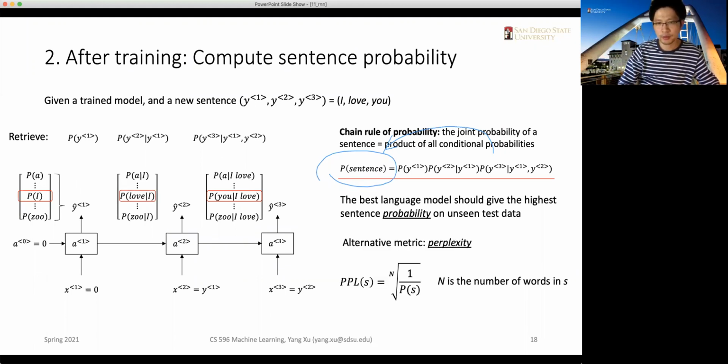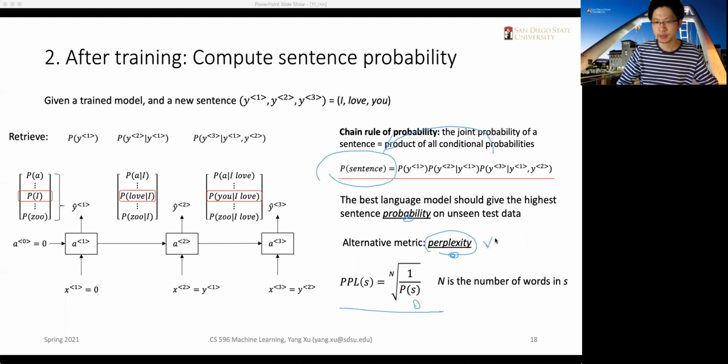So other than the probability, we will use a different term, perplexity, okay? But the perplexity is basically a numerical conversion of the probability. It's inversely proportional to the probability. So high probability means we want low perplexity, okay?